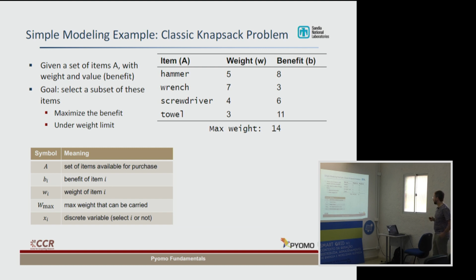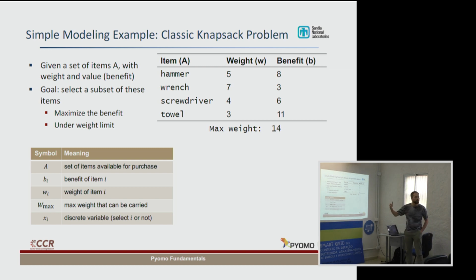So the knapsack problem is we have a given set of goods, and we have to select some items. Here in the example, it's a hammer, a wrench, a screwdriver, a towel. A wrench in Portuguese, I guess it's chave inglesa.